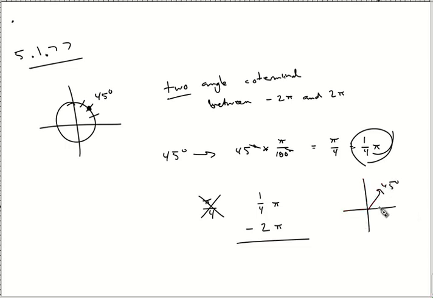But if I go a whole other round, I'll be past the 2 pi. So I don't want to add 2 pi because then it's way too much. Instead, I'm going to go backwards 2 pi, still end up here, but at the same time I'm within their constraints.